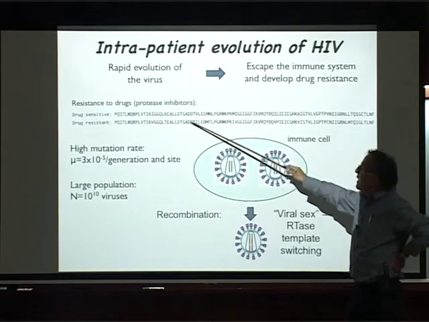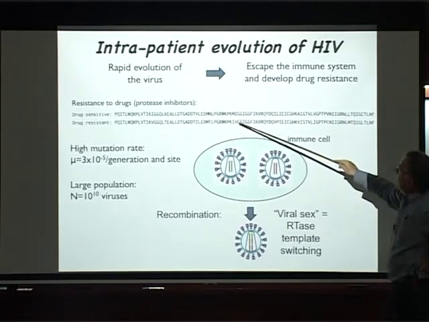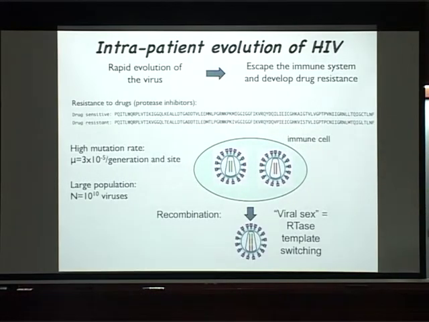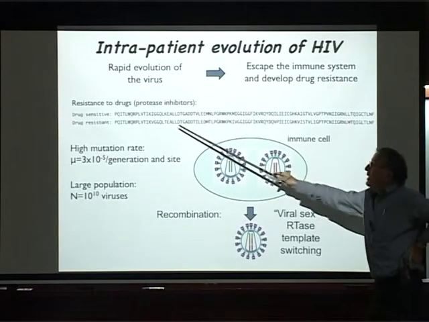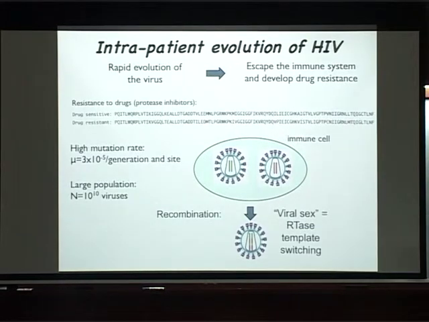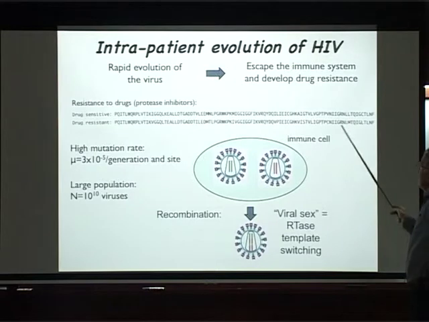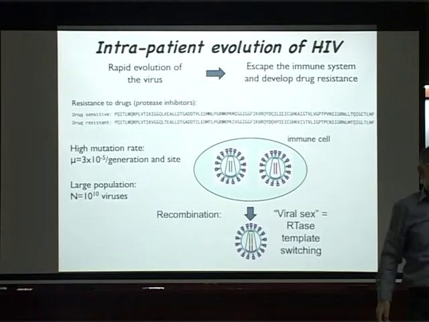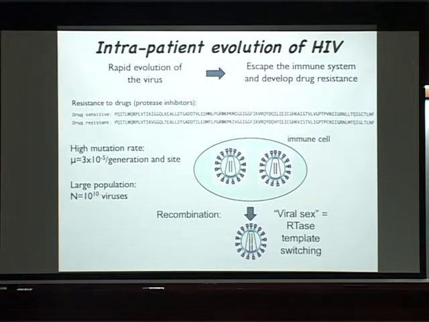And in red, if you can see, I marked the amino acid substitutions. What we know is that there's a whole bunch of substitutions in this resistant strain. Not all of these substitutions are necessary to evolve drug resistance. But we also know that it takes more than one. It takes multiple substitutions.